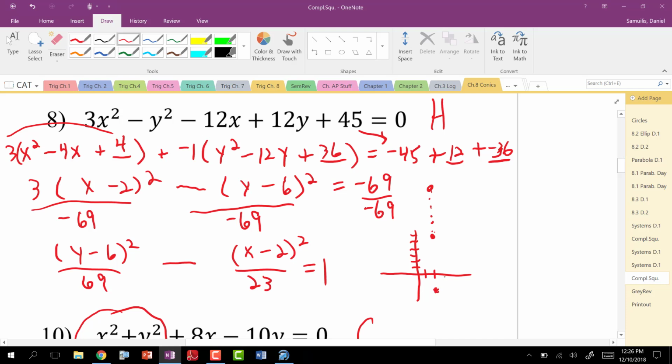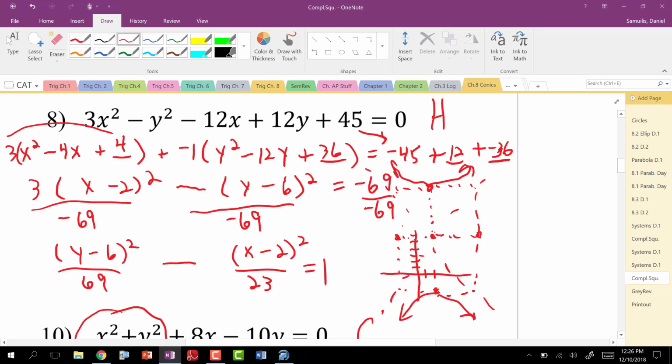And then the square root of 23, which is 4 point something. I'd have to go 4 point something right and 4 point something left, and then I draw a box. You just find those numbers. It's not a big deal. And then the asymptote would cross through this, and then this would go up, down.